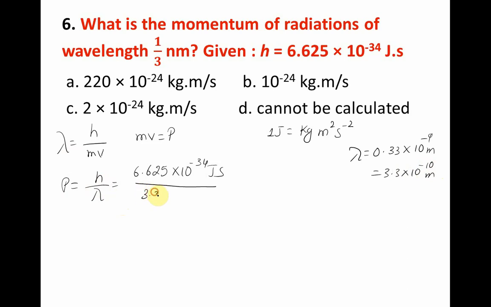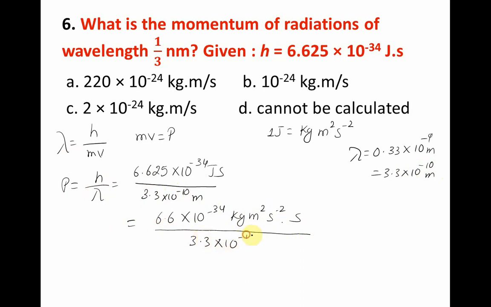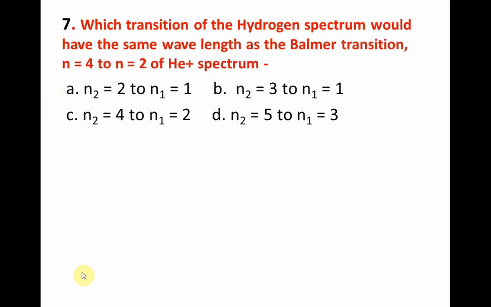So we will write it like this: 6.6 into 10 to the power of minus 34 kg meter square per second square into second, whole divided by 3.3 into 10 to the power of minus 10. 3 2s are 6, therefore we can write it as 2 into 10 to the power of minus 24. Here meter square cancels, and we get kg meter per second. So option C is the right answer.